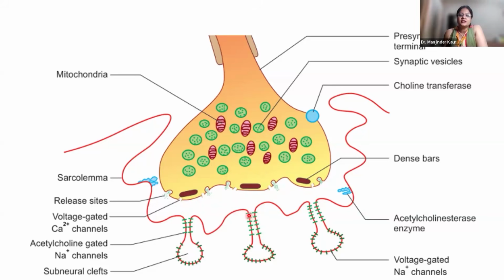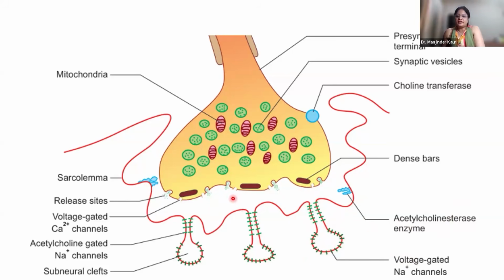Here in the neck of the subneural cleft we have the acetylcholine gated sodium channels, whereas in the sac of the subneural clefts, deep into the muscle, we have the voltage gated sodium channels. So there are two types of sodium channels: one is the acetylcholine gated sodium channels, and the other is the voltage gated sodium channels.